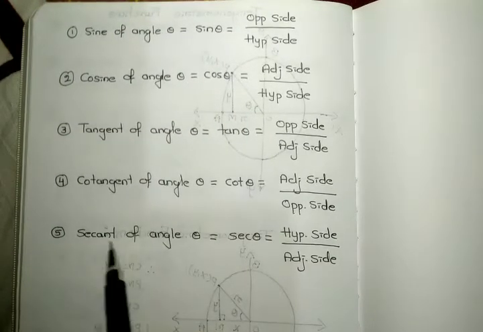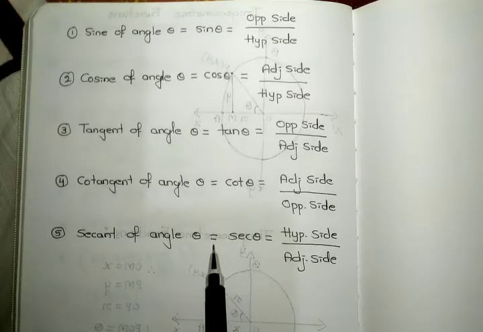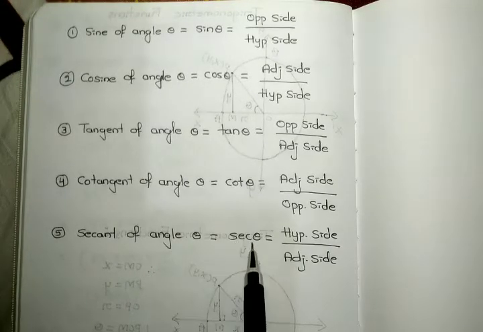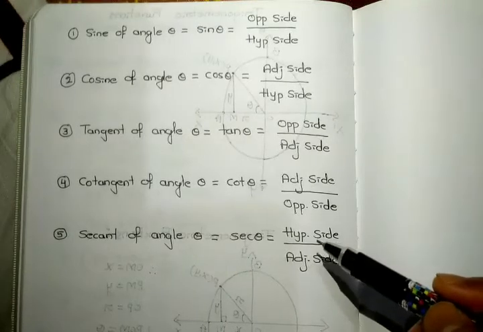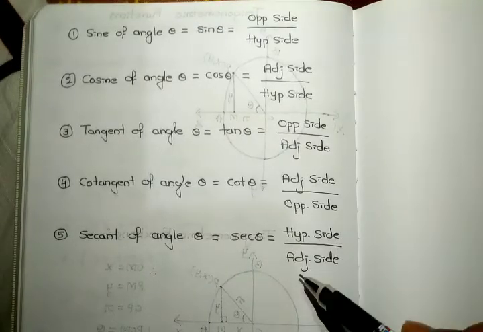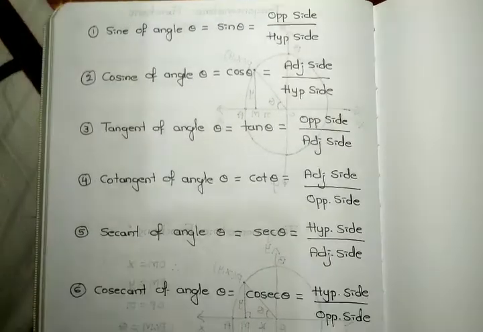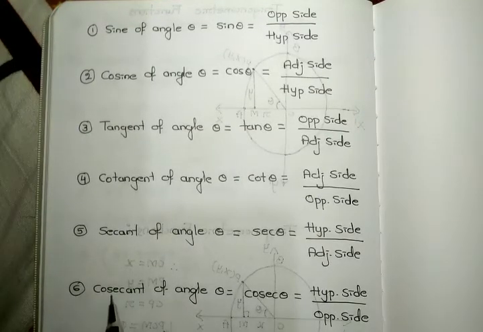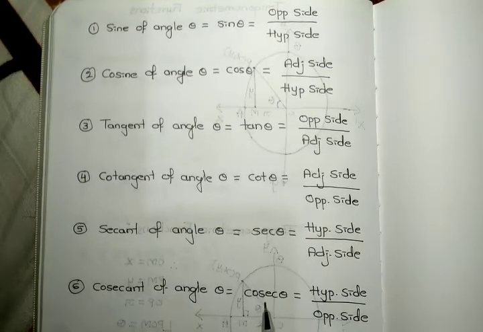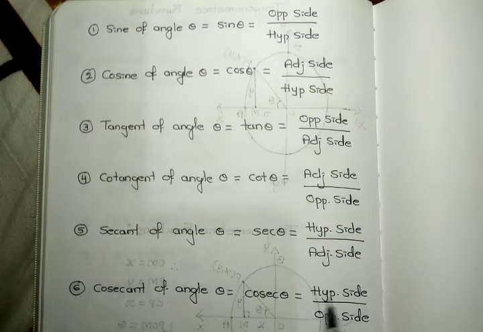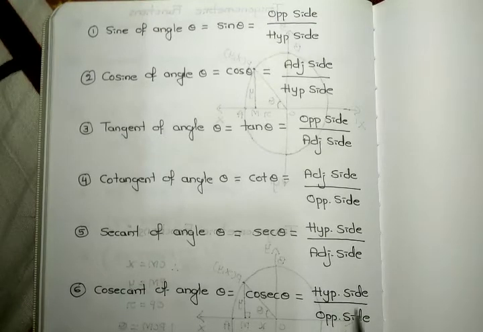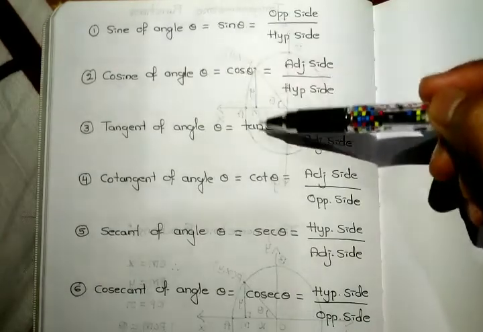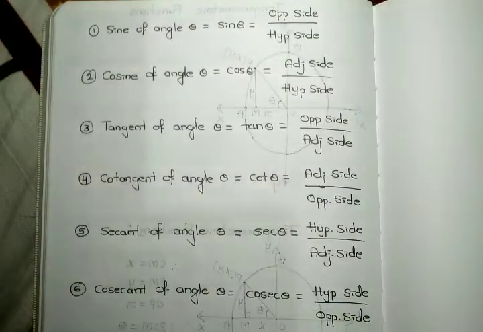Next, secant of angle theta, called sec theta, is defined by hypotenuse side divided by adjacent side. And last one, cosecant of angle theta, called cosec theta, is defined by hypotenuse side divided by opposite side. So these are the 6 trigonometric functions.